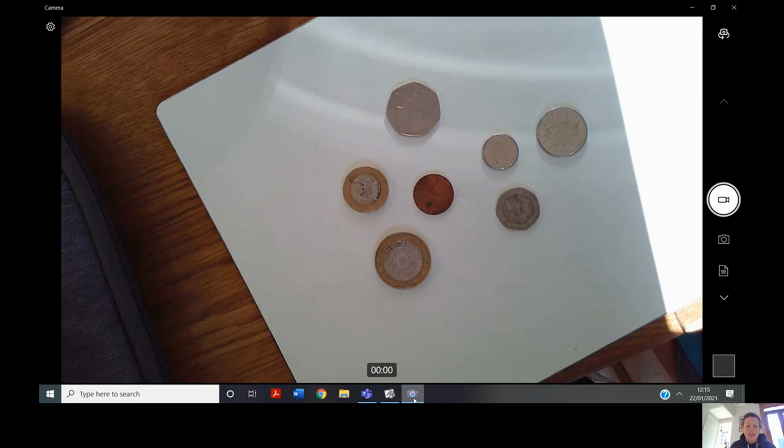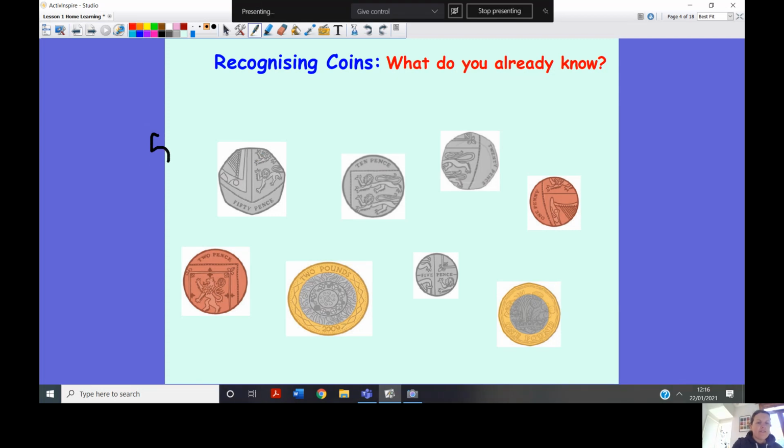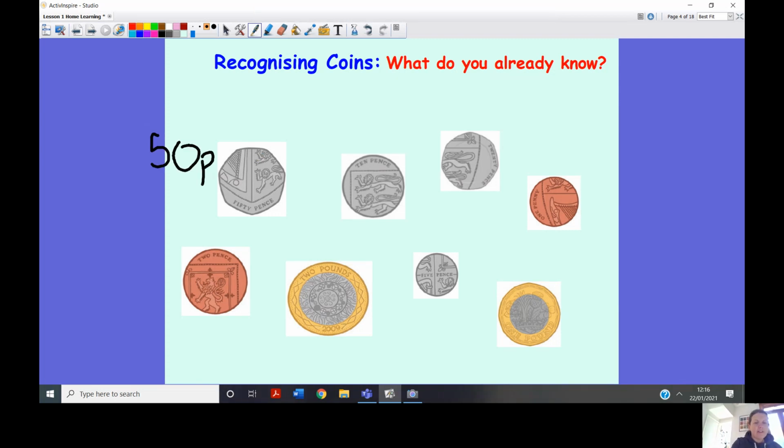Right, let's go and have a look and see if we can recognise some of these. So, what do we already know? What is this coin worth? This coin is worth 50p. This one, the one I don't have in my house, is a 2p.